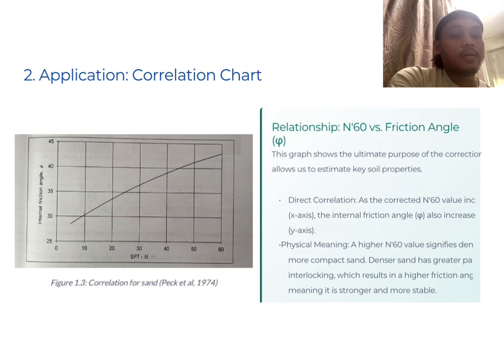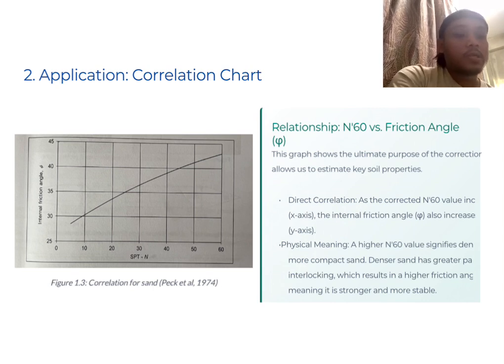Then the designer may under design, which is unsafe, or over design, which is expensive. With correction, soil properties become comparable, friction angle estimation becomes reliable, and we get better and safer foundation design.